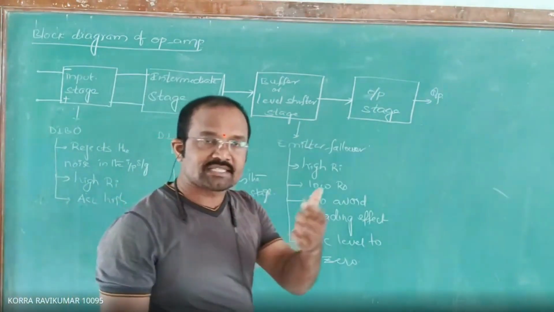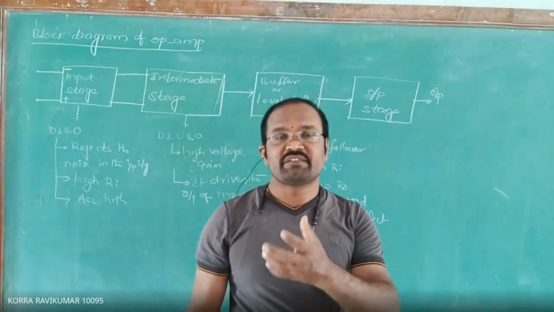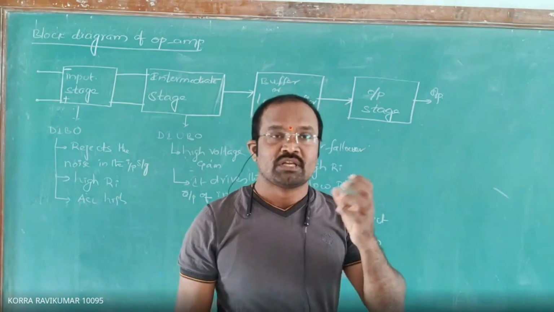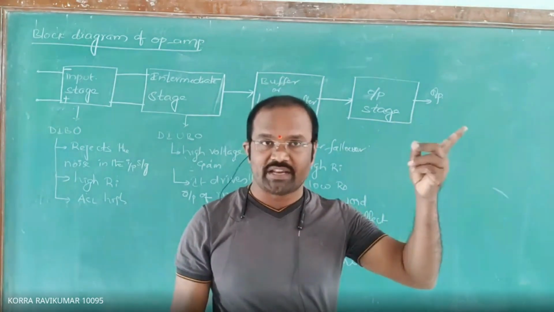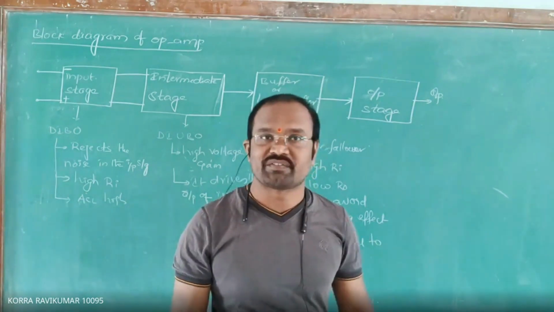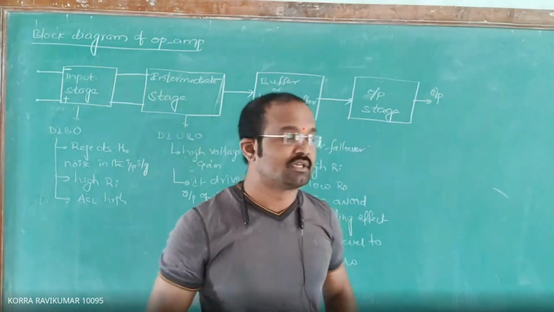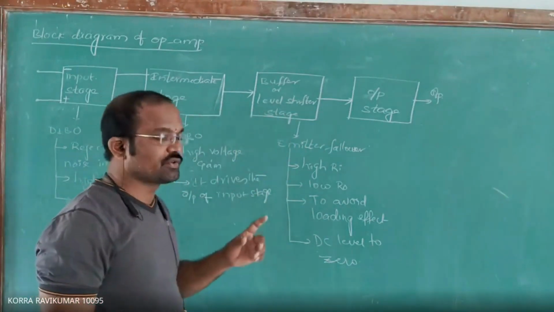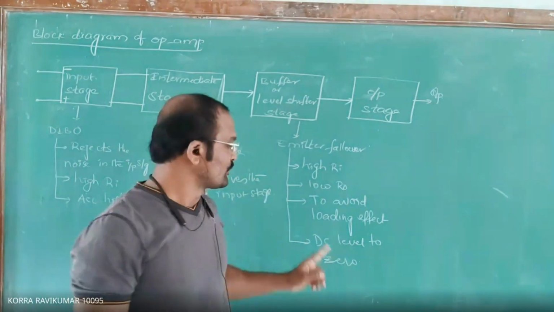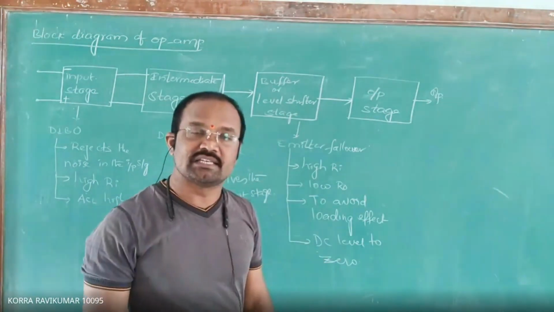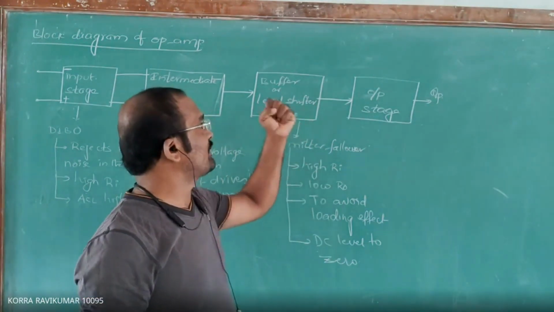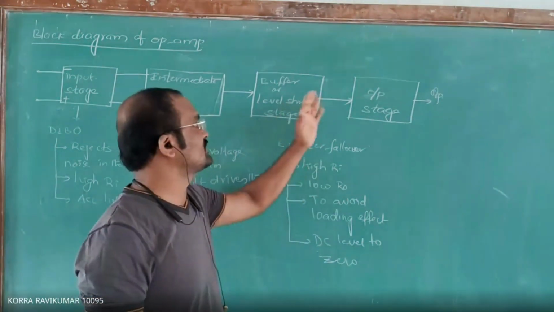Because of this cascading of stages, there is a variation in the DC voltage level of the op-amp. If the DC voltage level of the op-amp varies, it impacts the overall circuit performance. How that happens, I am going to prove. So the main purpose of this level shifter circuit is to make the DC level 0.